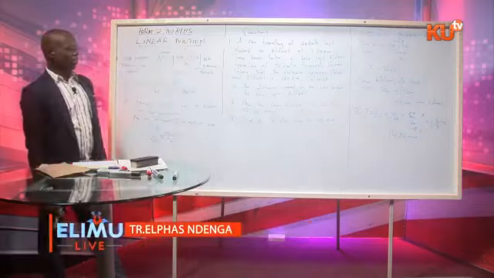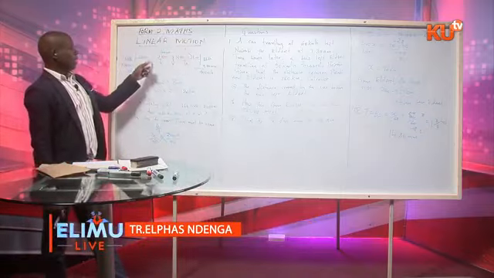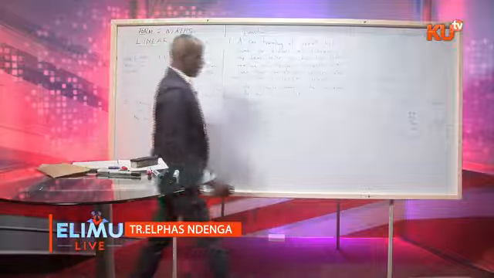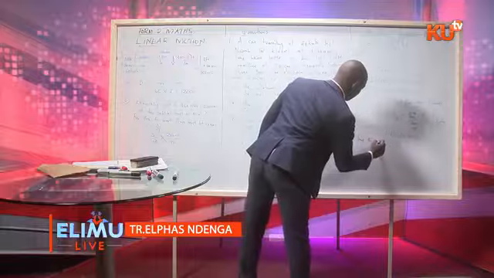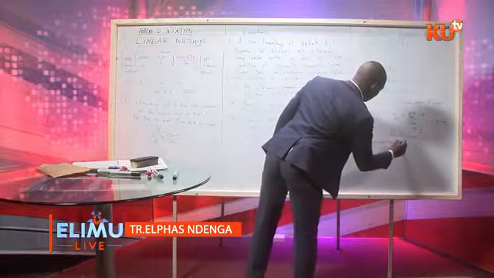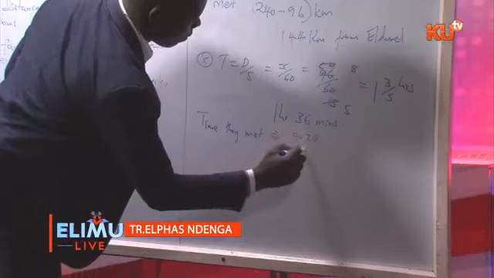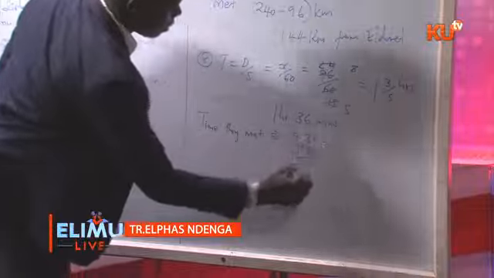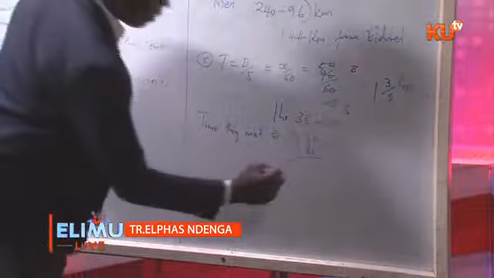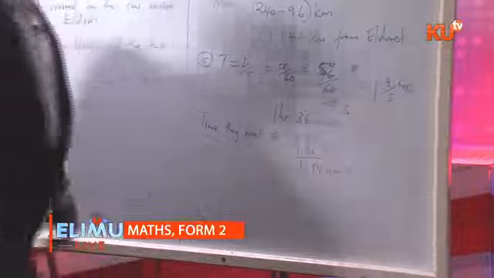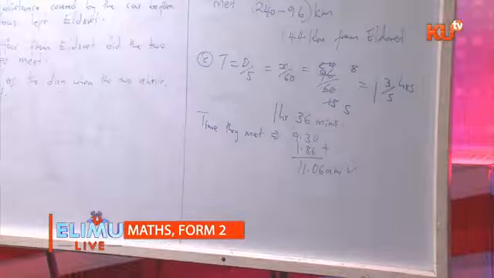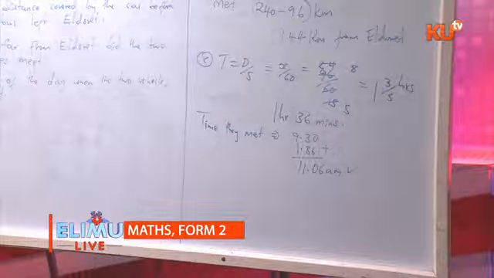So what we only need to do is take 9:30, the time they met, and add 1 hour 36 minutes. If you add this, that is 11:06 a.m. That is the time when the two vehicles met.